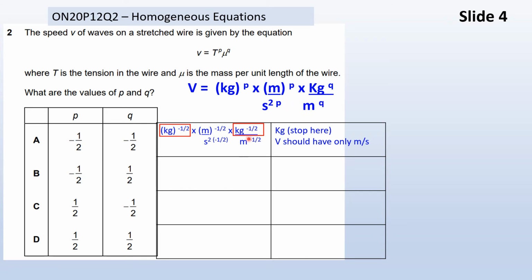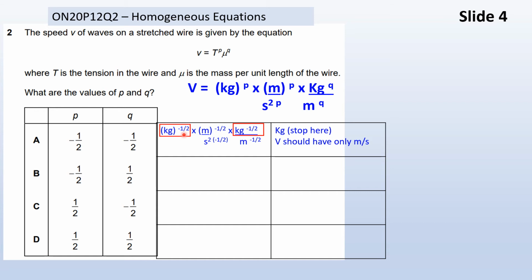And on kilograms, I also have minus half, and on meter I have minus half. Half I'm saying minus 1 over 2. And then I notice that kilograms and kilograms are not going to cancel each other. What is going to happen here, we are going to keep the same base, which is kilograms, and we are going to add the exponents.